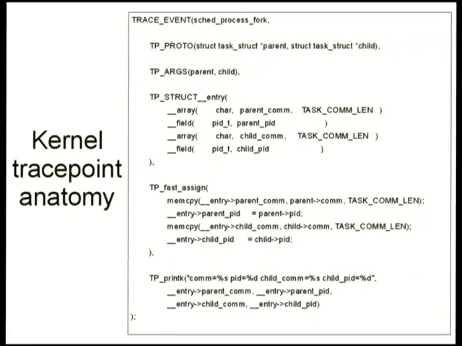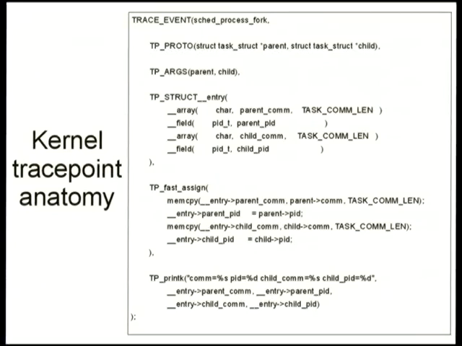For those of you who haven't had a look at what a trace point is, that's a kernel trace point. It's the sched_process_fork trace point. So every time you fork on the kernel, this trace point gets called if it's activated. When you define a trace point, if you ever want to add another one to some specific part of the kernel, all you have to do is write a small structure like that.